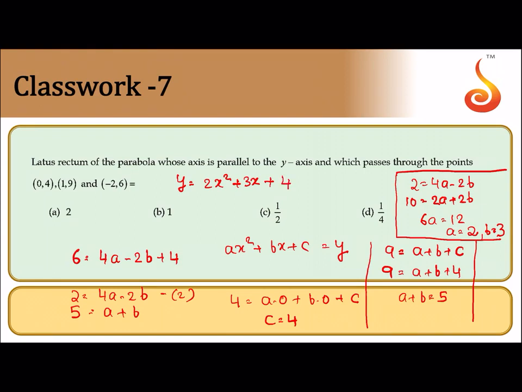So he's asking for the latus rectum of the parabola which passes through these points. Whenever we talk about the latus rectum, we bring it into the form x square equal to 4ay. So the latus rectum length will be 1 by 2. How? The coefficient of y by the coefficient of x square.